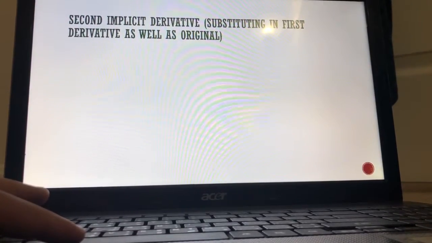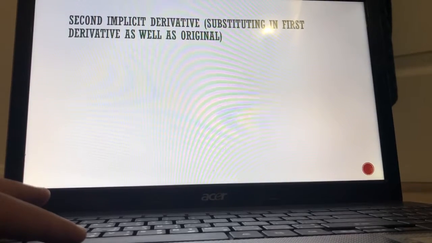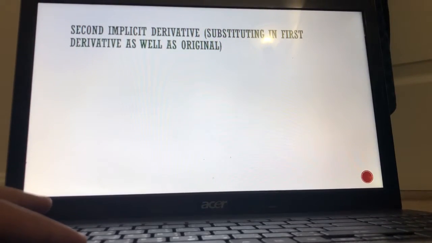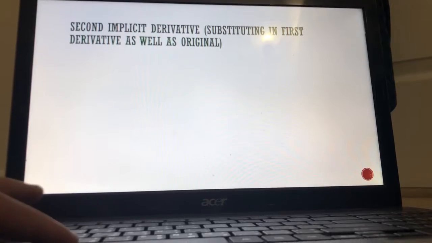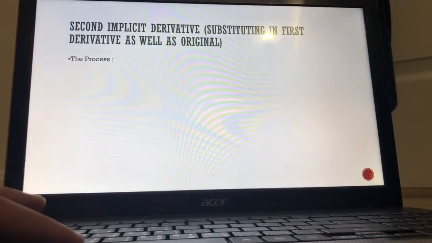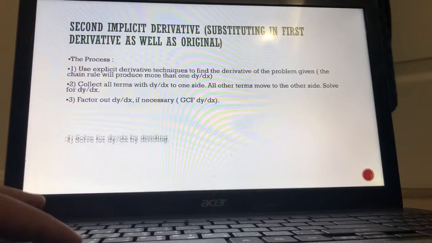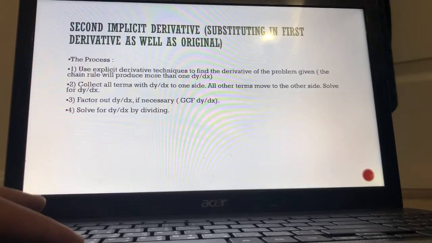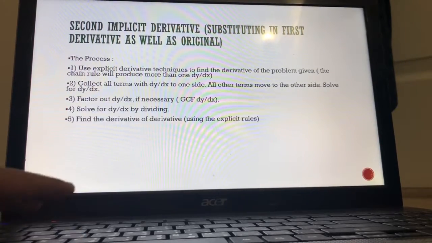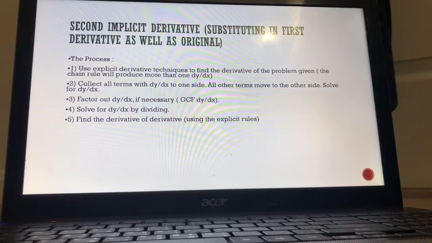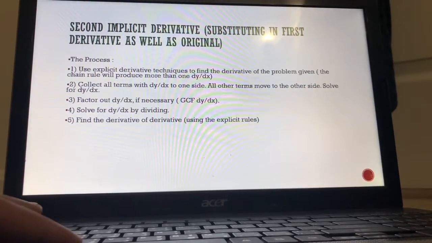Second, implicit derivative. So now we're going to find the second derivative using implicit differentiation. The process is pretty similar. The first 4 steps are exactly the same. But then, after you find dy/dx, you take the derivative of the derivative.